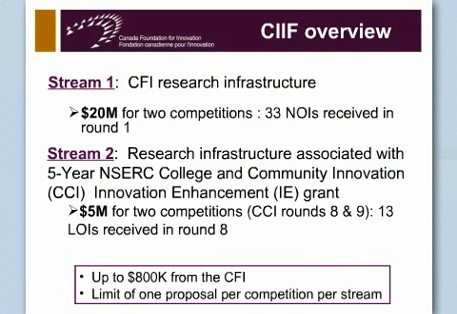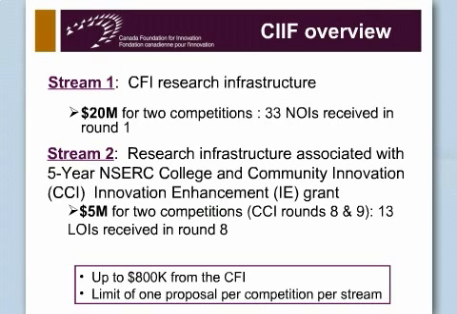Okay, so as you know, the College Industry Innovation Fund has two streams. Stream one is for research infrastructure alone, and there's $20 million for two competitions in this stream.